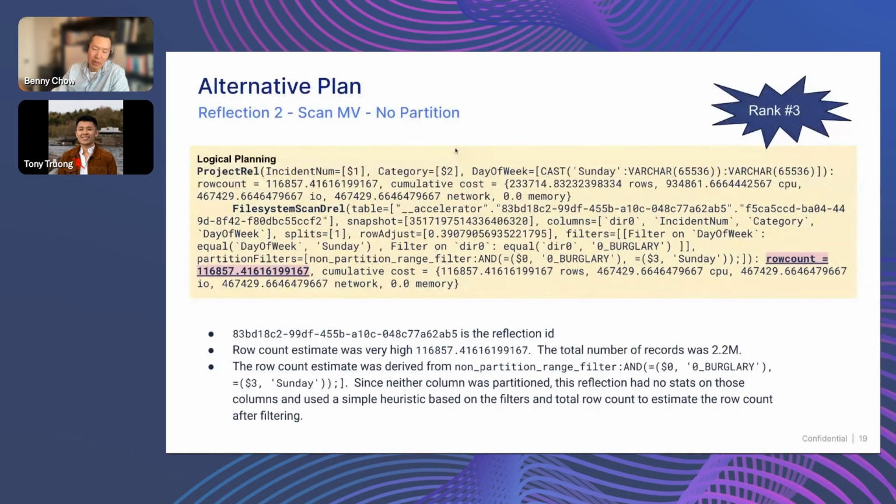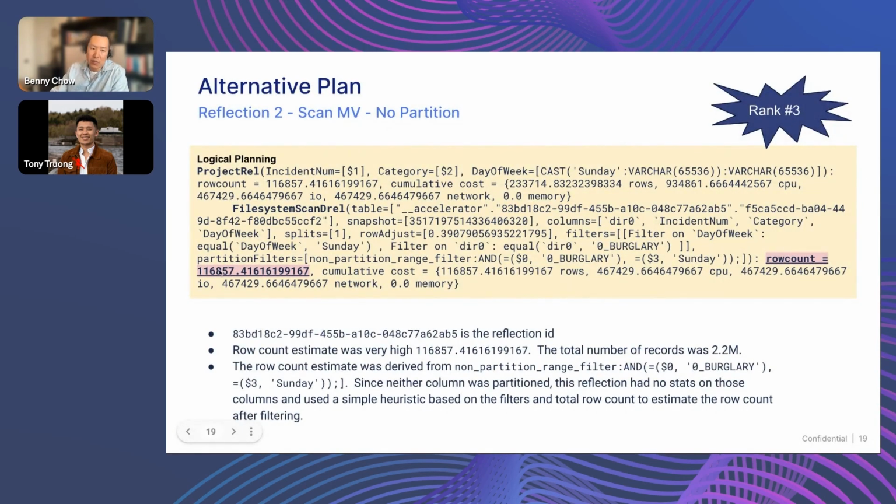if you look at the third plan, the one that had no partition, the reflection that had no partition, you can see here, again, we're still scanning a different reflection table, right? It's a different reflection ID, but we come up with a much higher row count estimate. And so where did this row count estimate come from?